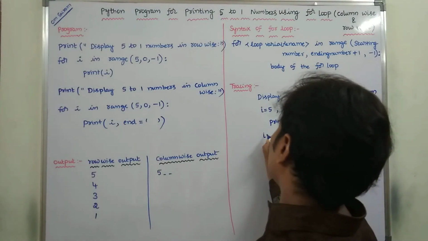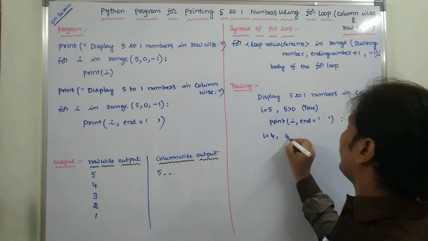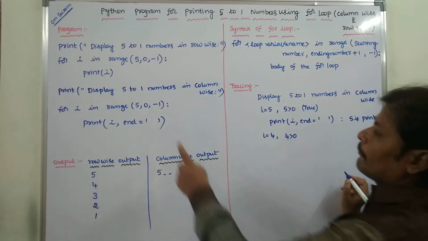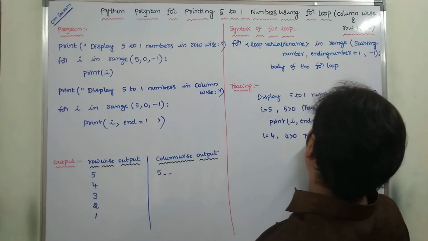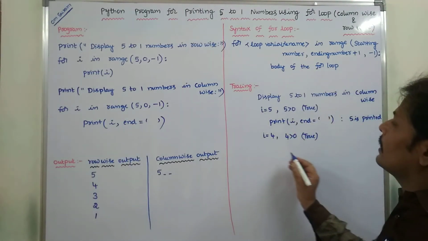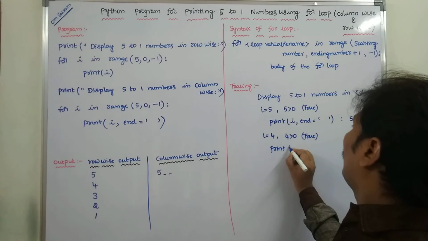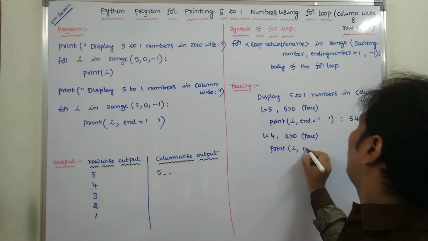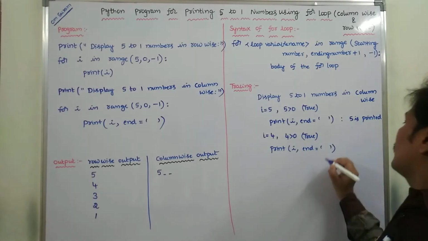Now i is equal to 5 minus 1, that is 4. 4 is greater than 0. Condition true. If the condition is true, then the control goes to the statement within the body of the for loop. So print(i, end=' ').